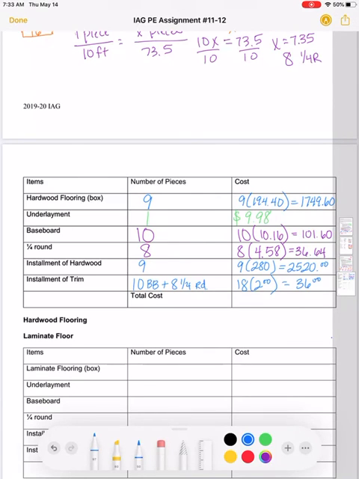And then, of course, you have to take and add all of these totals up to get your total cost of installing the floor.